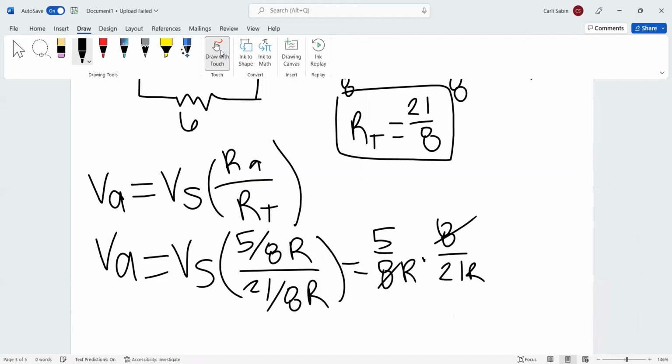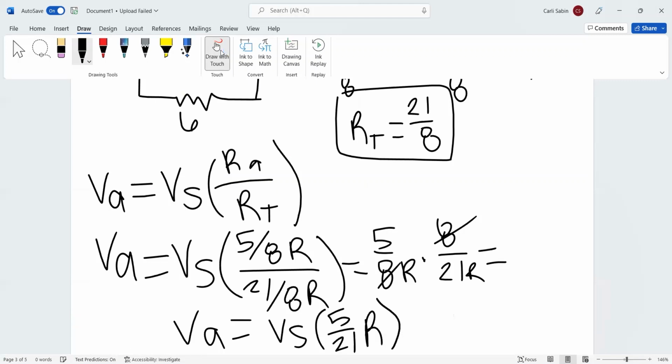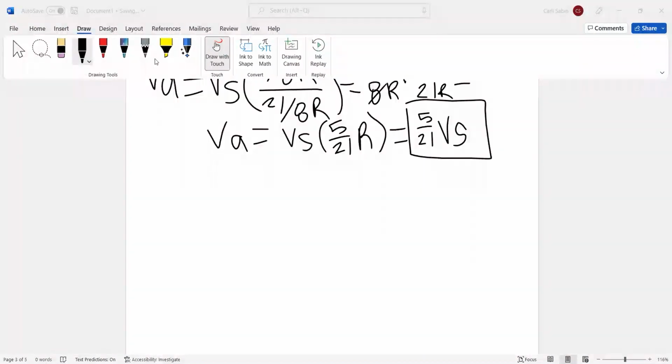These are going to cancel out, and we're going to get VA is going to equal VS times 5/21 R, right? Or I guess, yep, 5/21 VS. So this is going to be our VA value.